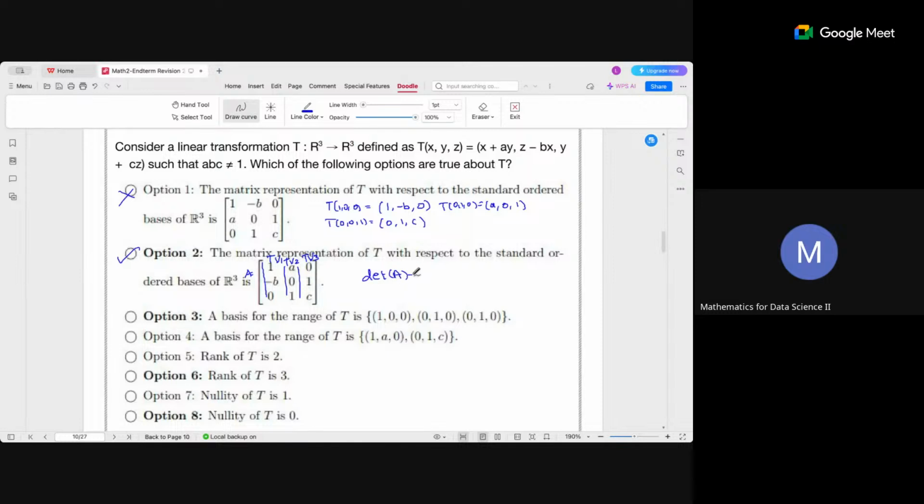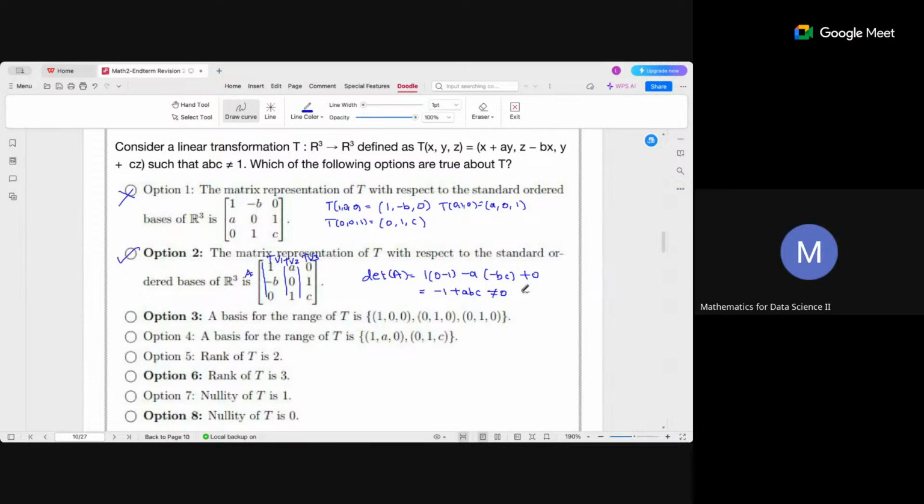Calculate quickly and tell me. 1 times (0 minus 1) minus A times (minus BC) plus 0, so you get minus 1 plus ABC. And it is given that ABC is not equal to 1, so the determinant is non-zero.